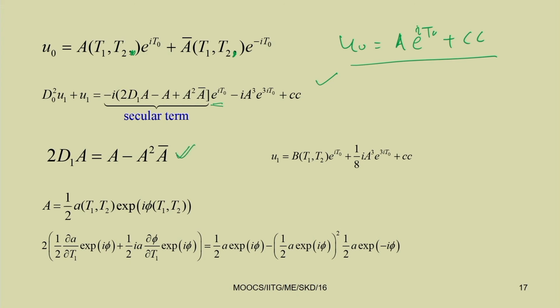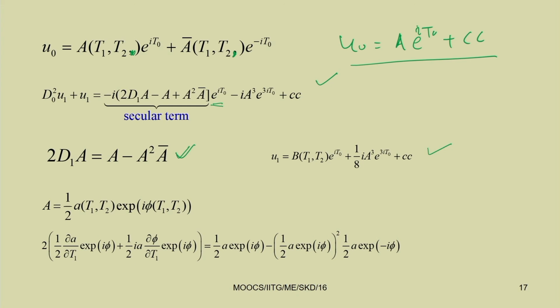Now, eliminating that term, we can write the particular integral for u1: u1 equal to beta (T1, T2) e to the power i T0 plus 1 by 8 i A cube e to the power 3 i T0 plus complex conjugate.